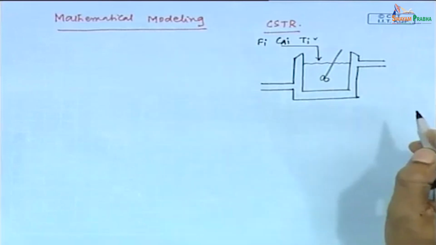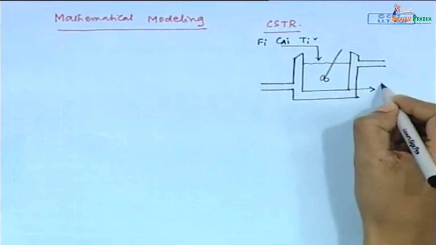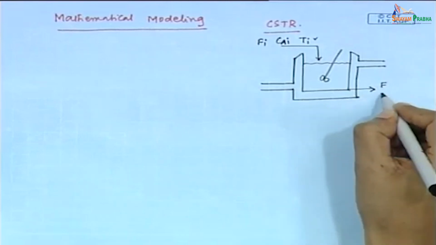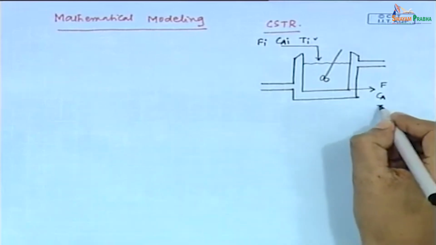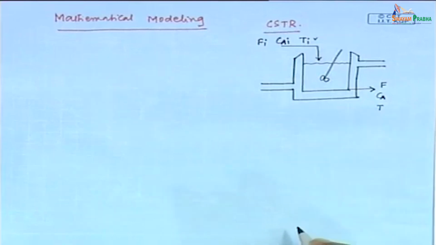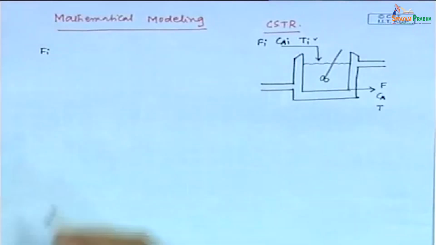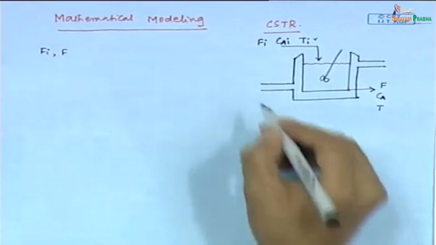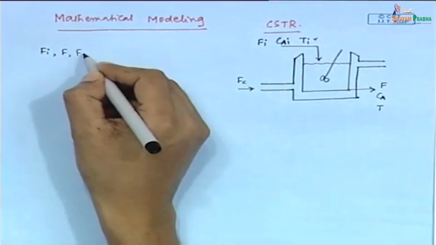Fine. The product stream which is coming out from this CSTR has a flow rate of F, concentration in terms of component A is Ca and temperature is T. Now, before deriving the mathematical model for this CSTR, first we will know the units of different flows, like Fi and F along with the coolant medium flow rate Fc.